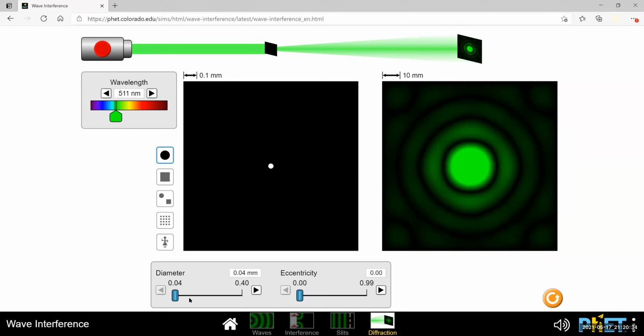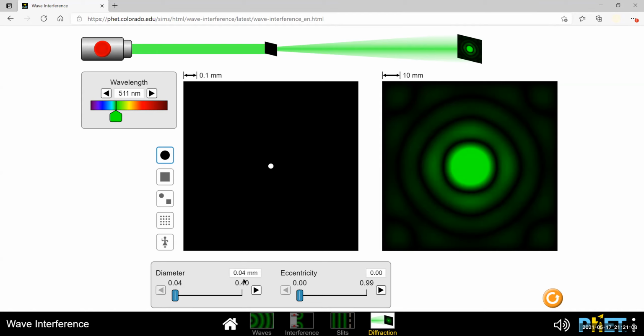That should be your angle, because sine theta is very close to tangent theta. However, if you use the ring's radius divided by L, that should also give you the value of theta 1. So you have two ways of finding theta 1. One way is using the formula 1.22 lambda over d, where lambda in this case is 511 nanometers, divided by d, which is 0.04 millimeter.